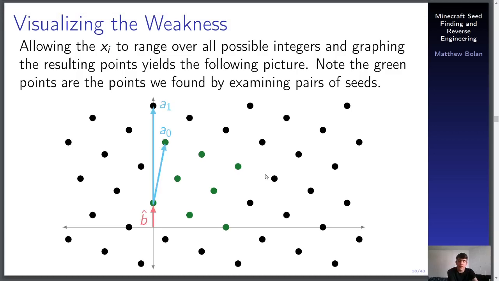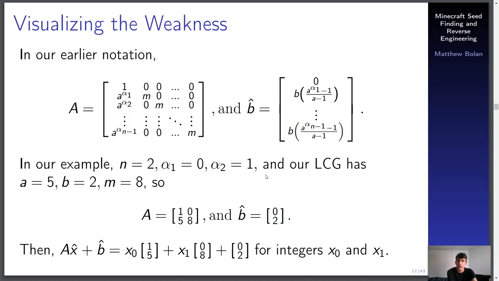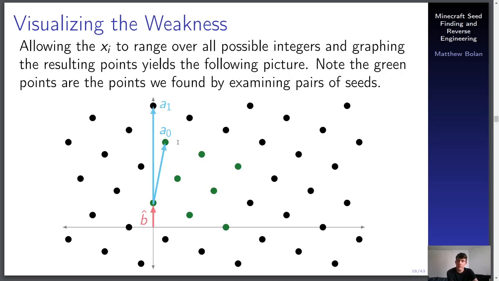And it's also important for us to address our equation right here. So we have x0 times this vector plus x1 times this vector plus our little b hat vector, this 0, 2. And this is what those vectors look like on this image. So we have b hat, which is 0, 2. That's the amount we translate up this structure.